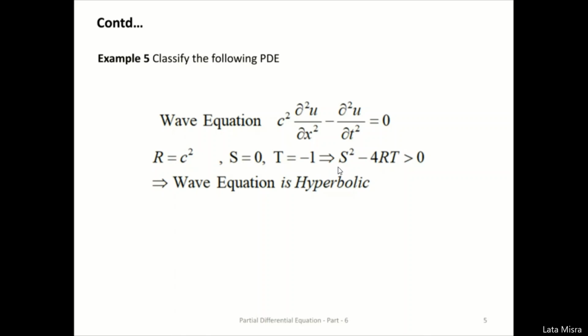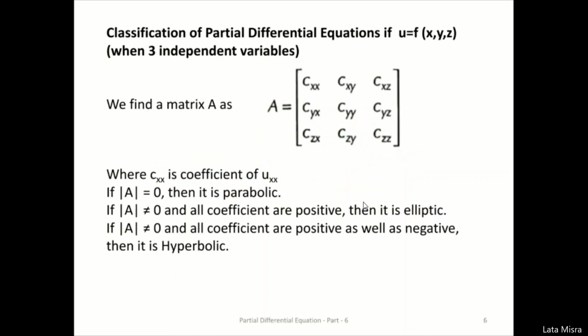When we use s square minus 4rt, we get 4c square, that is greater than 0, and when s square minus 4rt is greater than 0, the equation is hyperbolic. Now we can classify the partial differential equation of two independent variables.